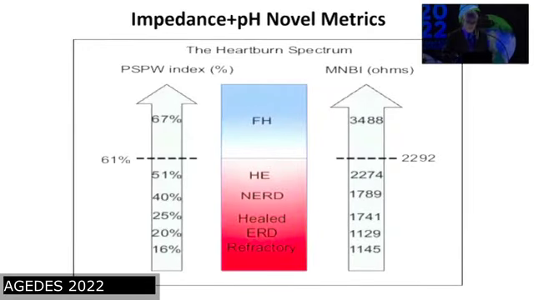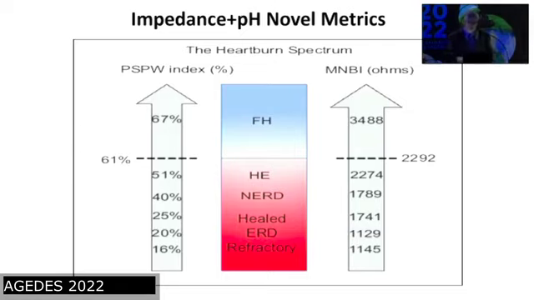We are bombarded about the use of impedance pH metrics, like the PSPWI and the MNBI. I'm not going to spend the time because it's going to take a few more minutes for you to understand what they mean. The MNBI is the mean nocturnal basal impedance. When you do impedance tests over a period of 24 hours, they measure the baseline impedance of the tissue in the esophagus, and that can tell you if the patient has reflux or doesn't.